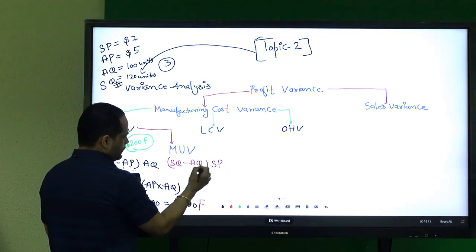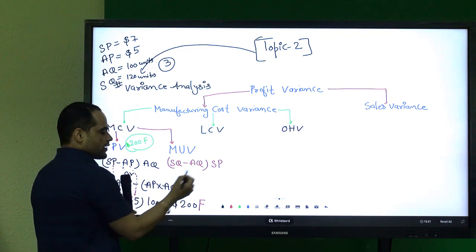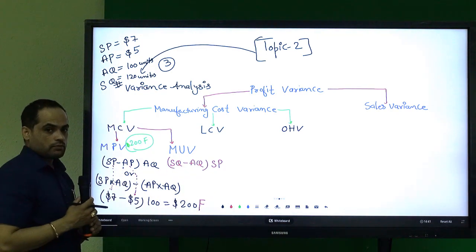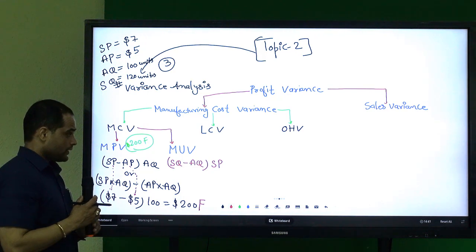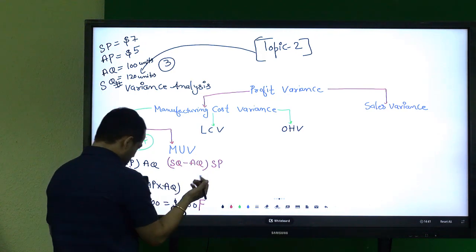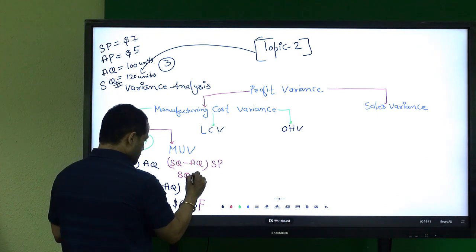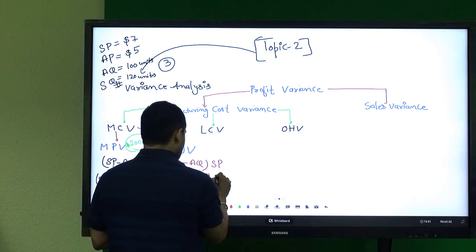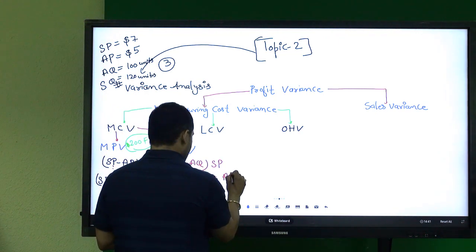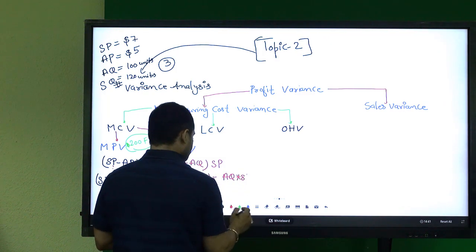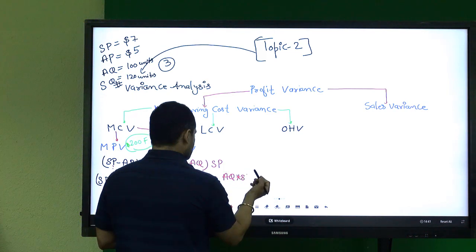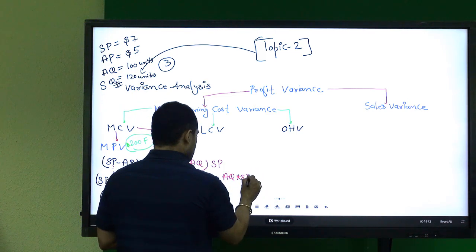You can write this as standard quantity minus actual quantity, multiplied by standard price. Or you can write it in this formula as standard quantity multiplied by standard price, minus actual quantity multiplied by standard price.